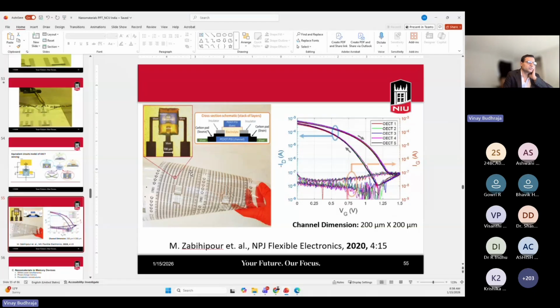The screen printed inks are available, and after screen printing, it gets dry, so it's like a jelly form, like a gel. With the evolution of the technology, we will see in another decade that more solid electrolytes will be available for the OECTs.